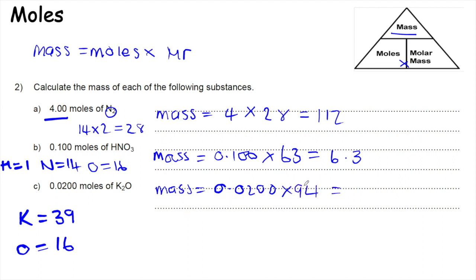Times that by your moles, that gives us 1.88. So as you can see, it's not particularly difficult as long as you're using that calculation triangle to find the correct calculation to do.